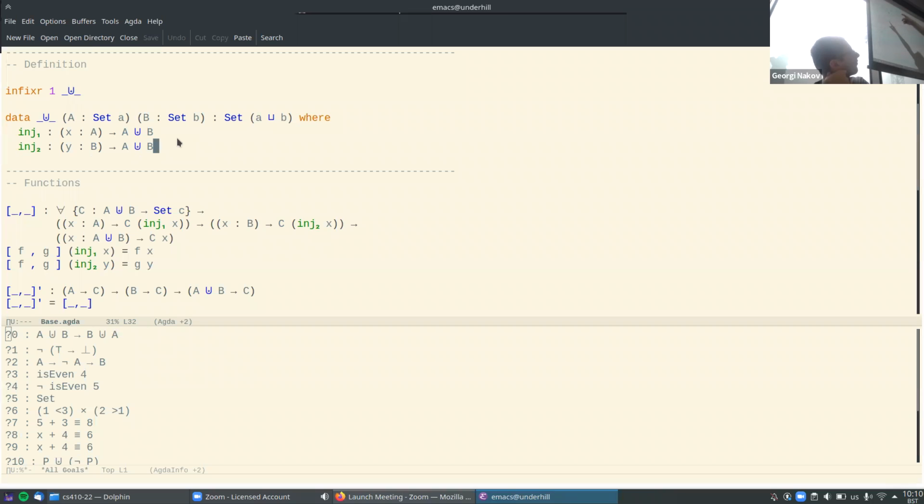And then if you choose injection 1, you have to deliver an A. If you pick injection 2, you have to deliver a B. So that's enough to define it. You don't have to worry about both of them. I mean, there might be situations where both A and B have proofs, at which point you've got lots of options. You still have to pick one.